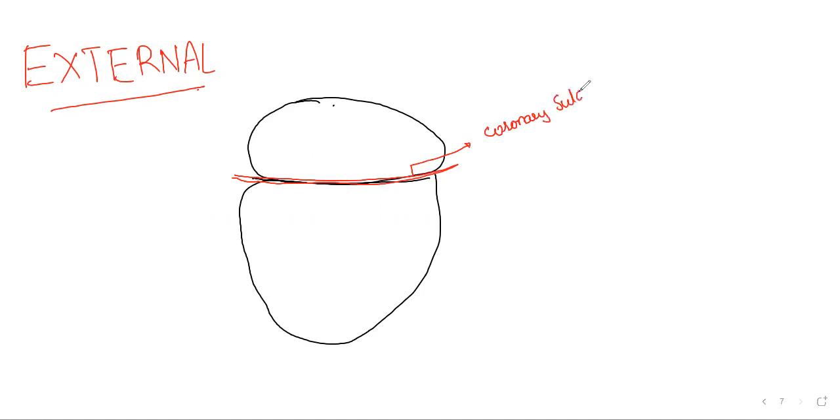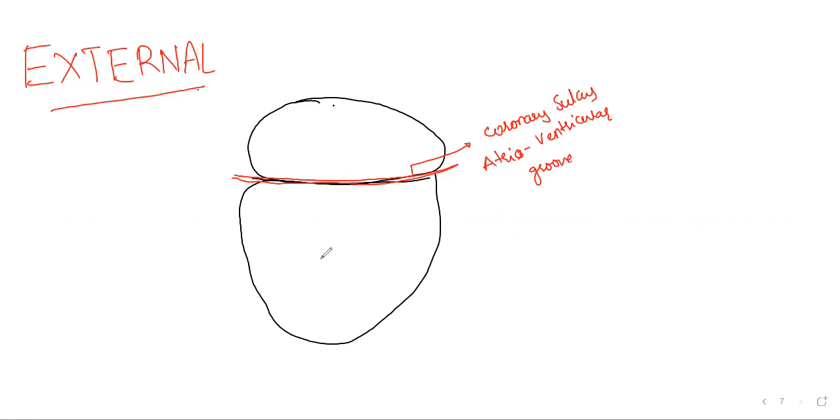It lies between the atria and ventricle, so you can even call it the atrioventricular groove. So this is one of them: coronary sulcus or atrioventricular groove.